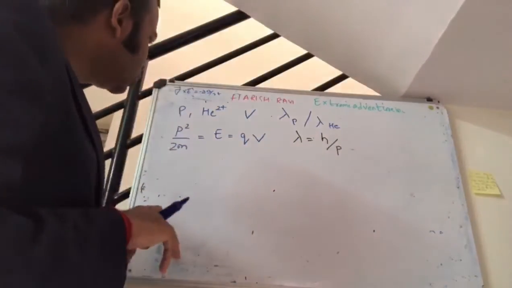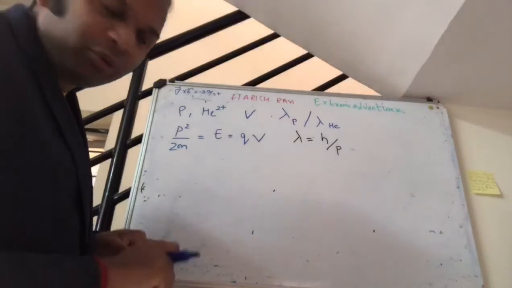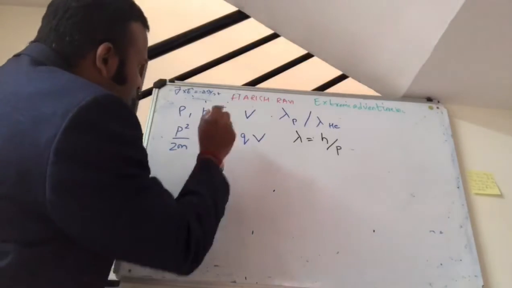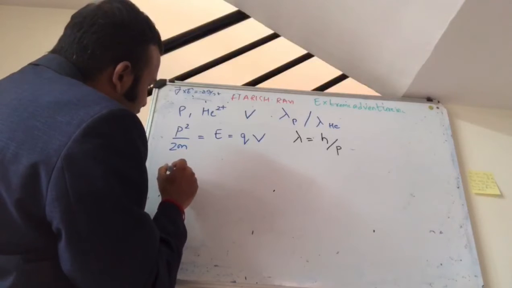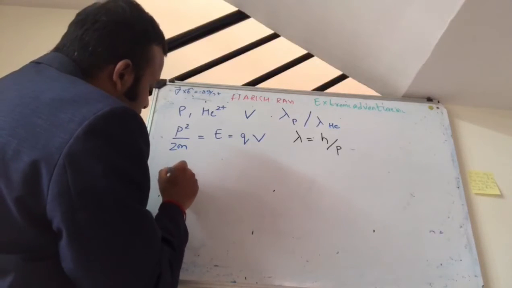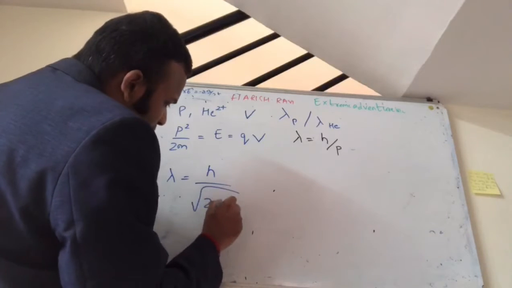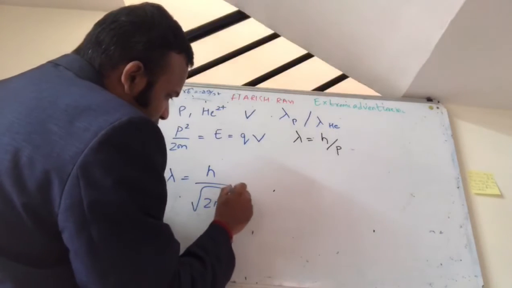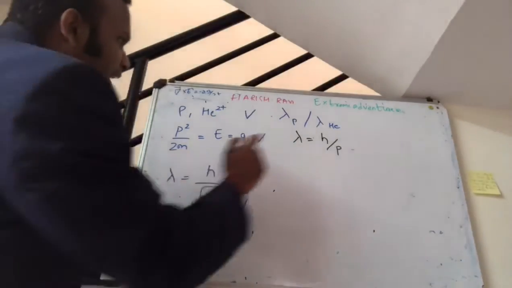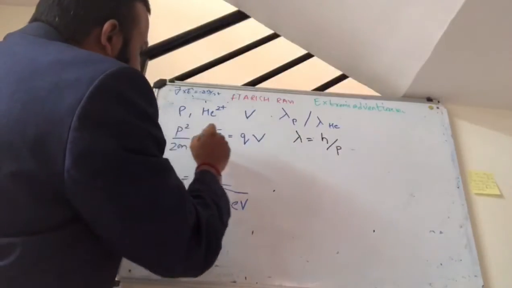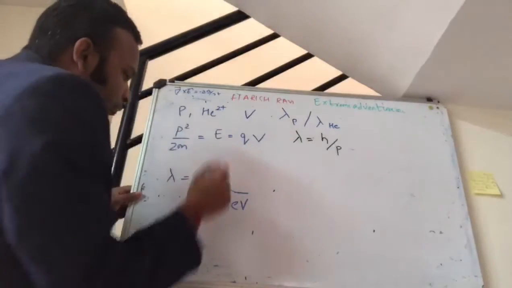So basically p squared by 2m is equal to E is equal to Q times V. So in the first case, we have lambda is equal to h by root of 2m times eV. So we have h by root of 2m eV for the proton.